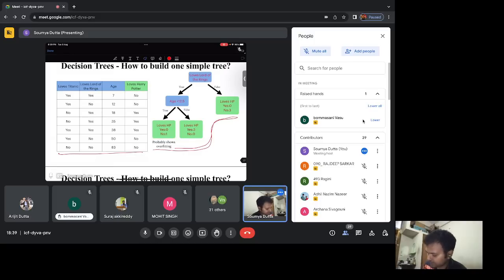Especially the marker for this is, you see here in this case you have only one person who is saying no, and your leaf has become very pure. This is still fine because you have 3 examples where there are yes. So mostly this is a very strong feature on which you have split.